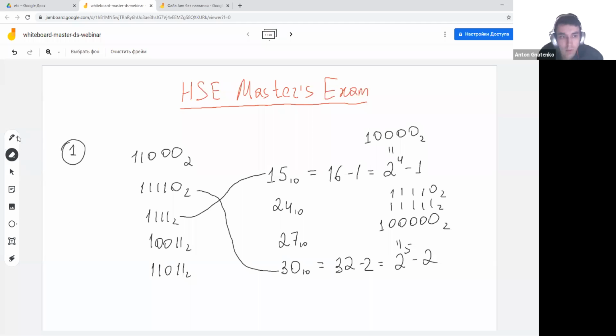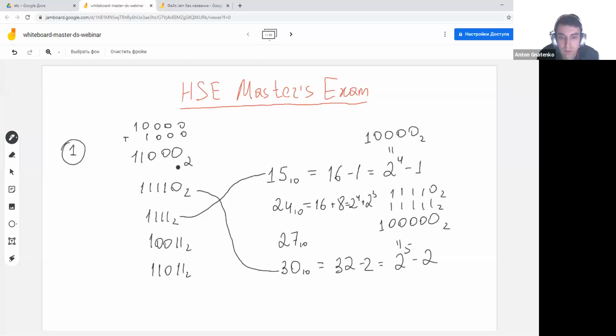Next, for example, 24 is 16 plus 8, which is 2 to the power of 4 plus 2 to the power of 3. I see it here, it was 2 to the power of 4 plus 2 to the power of 3, and I obtain this.